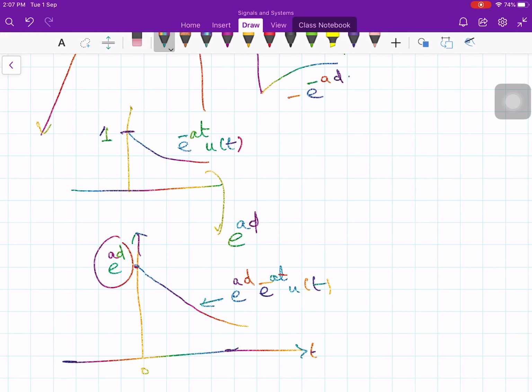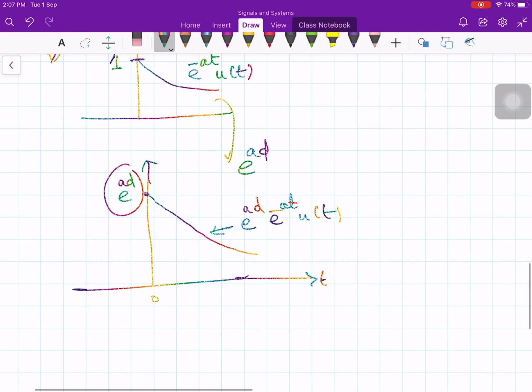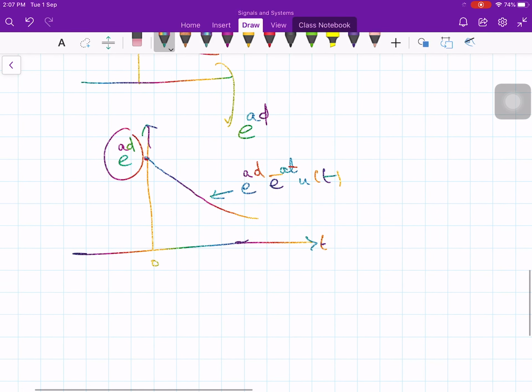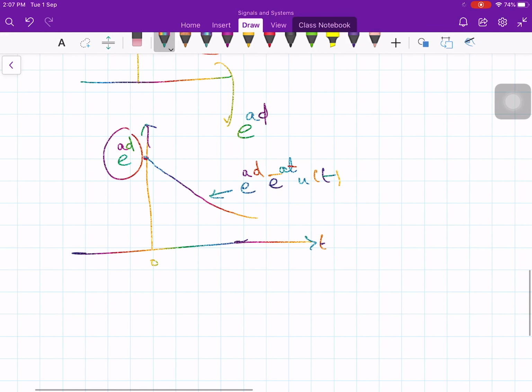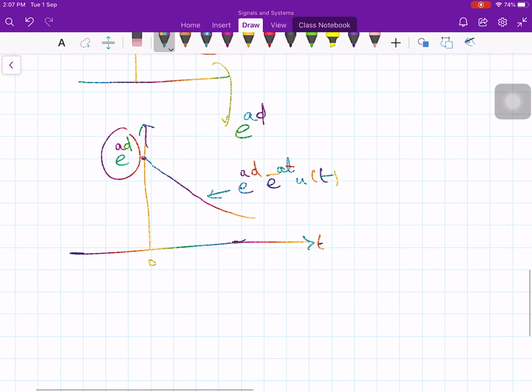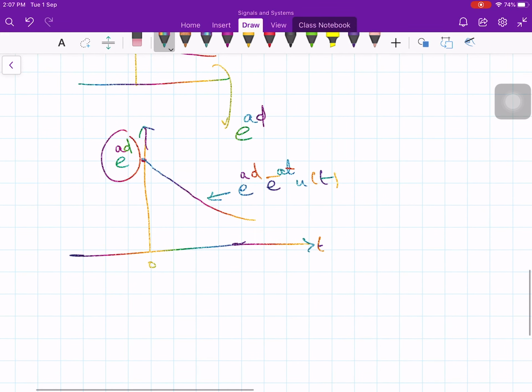Okay, now this function has to be advanced. So you have to translate in time by an amount d. Now how do you translate this by an amount of time d? You put plus.